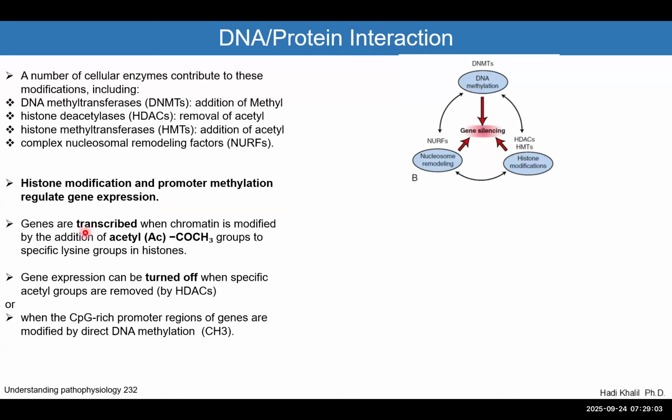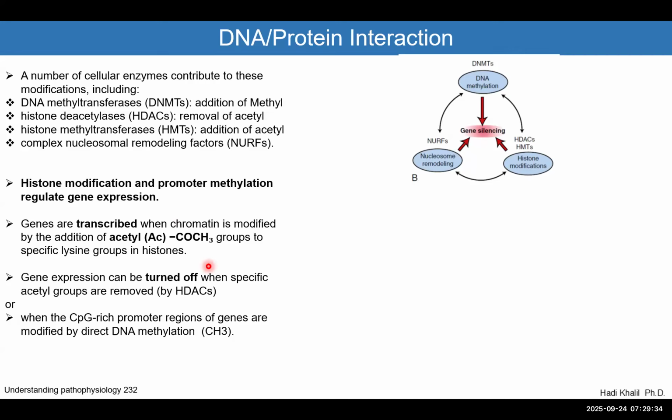Now, genes are transcribed when the chromatin is modified by the addition of acetyl groups, and these are added to the lysine residues of the histones. So we could add acetyl groups to the histones, and there is a domain where people are studying all these epigenetic modifications upstream of genes, what an acetylation on each of these lysines could do.